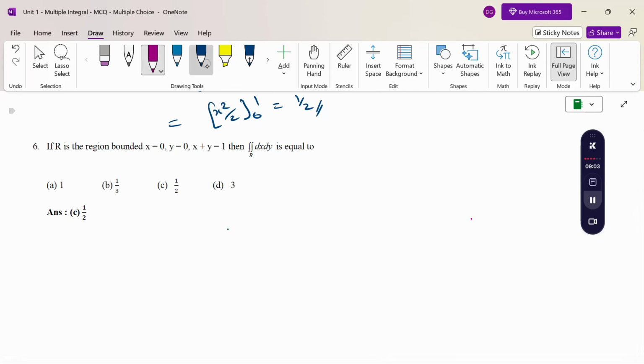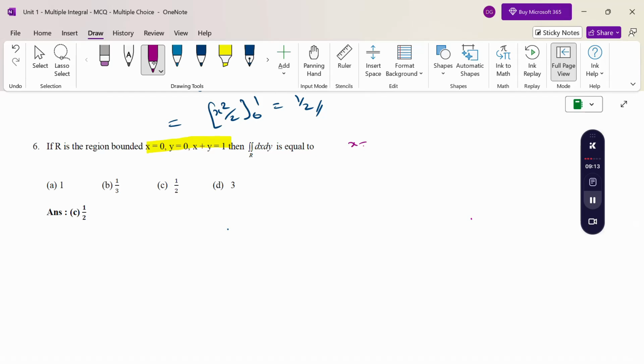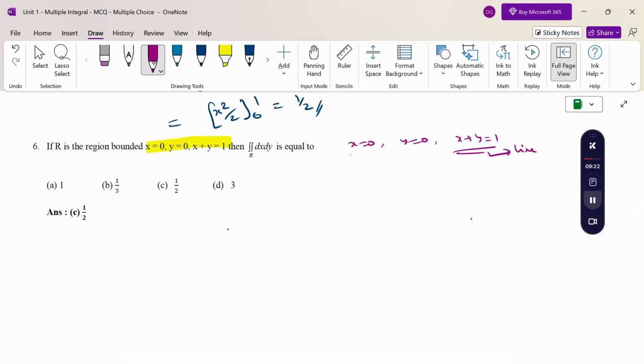Next problem: x given 0, y 0, and x plus y equal to 1. Now see here, x 0, y 0, now x plus y equal to 1. This is a line equation. This line equation is mainly important to find the coordinate points.